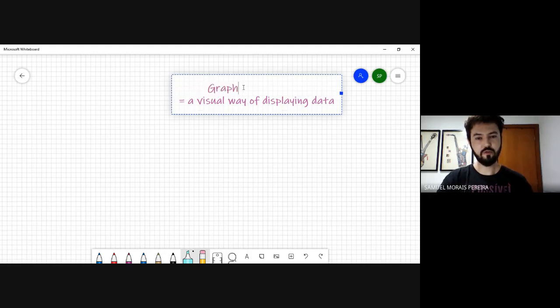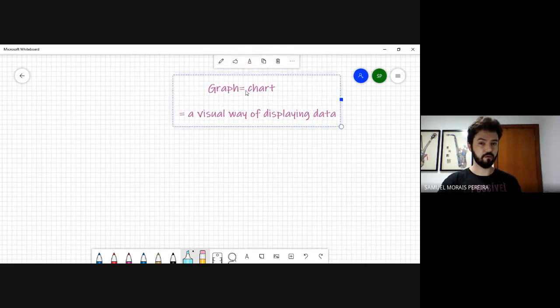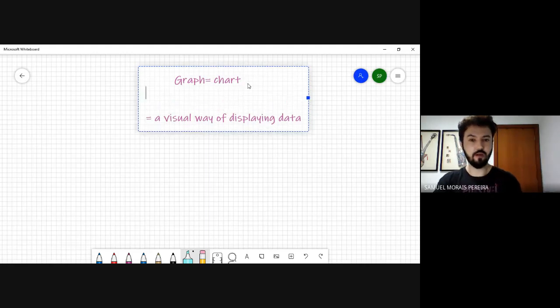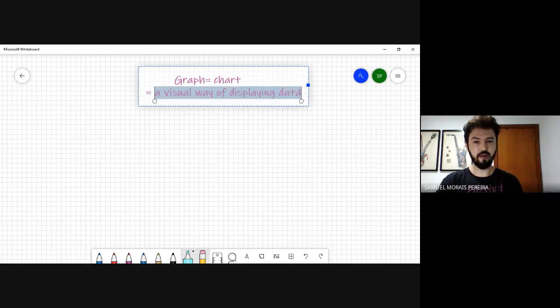First of all, I'd like you to understand that I can say graph or I can say chart, okay? Chart também significa gráfico, okay? So what is a chart or what is a graph? You have here a very basic definition, okay? A graph is a visual way of displaying data.